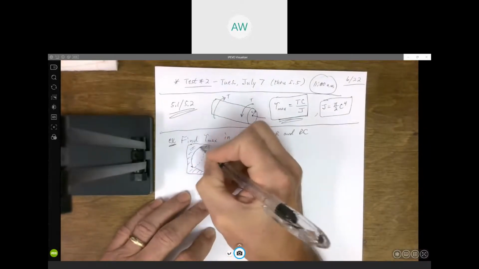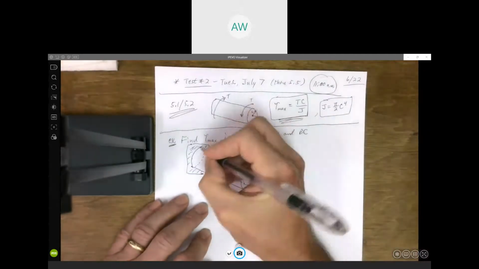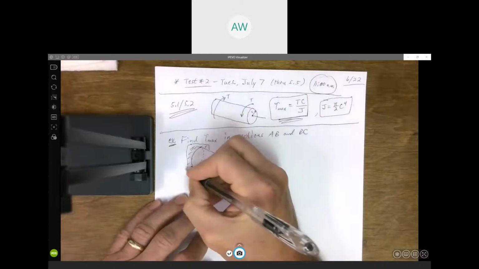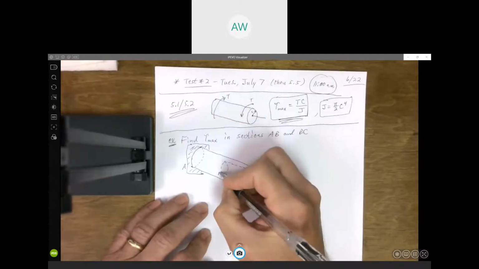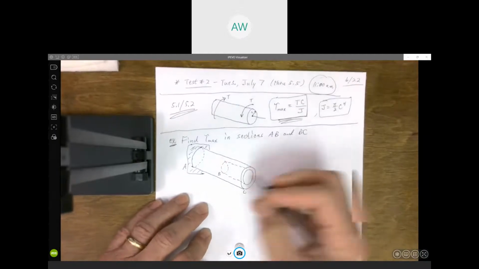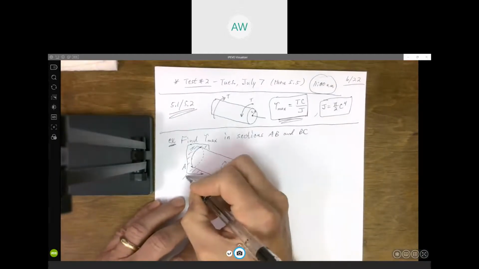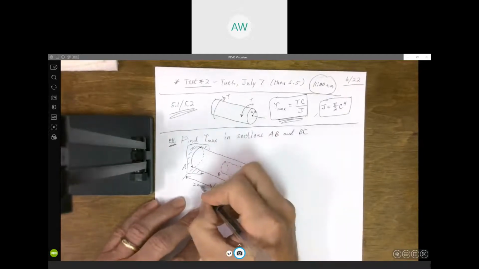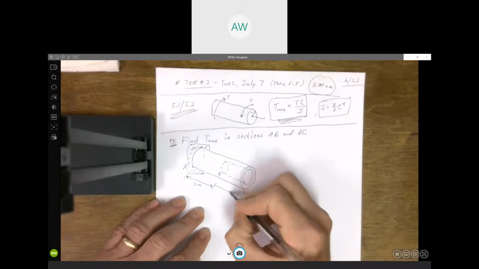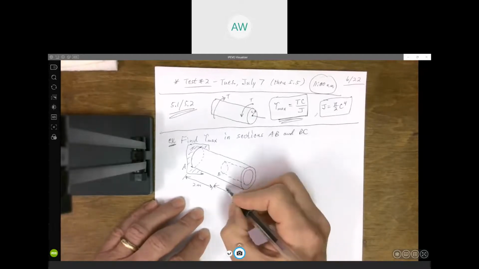It's attached to the wall or something back there. This end is called A, B, and this end C, and some dimensions. AB is solid. It's 2 meters long. And then the end BC, the hollow part, is 3 meters long.